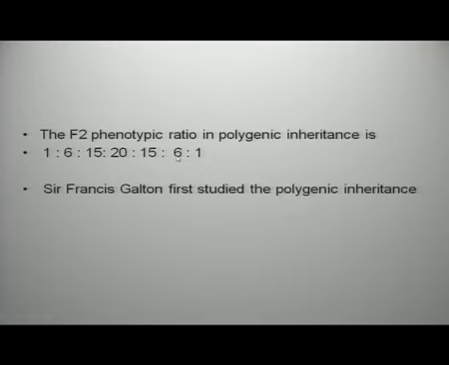Then on either side you write 6:1, or 1:6:15:20:15:6:1. So, this is the phenotypic ratio of a polygenic inheritance or quantitative inheritance. This phenomenon was first studied by Sir Francis Galton.